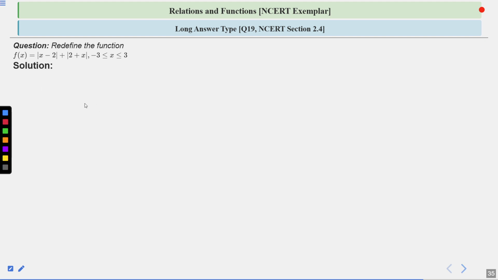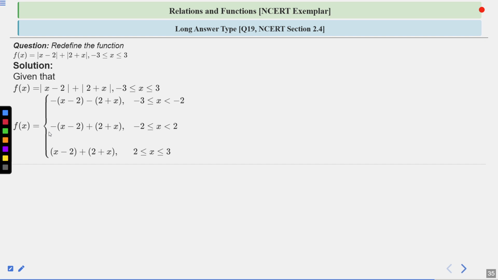So given that f(x) is absolute of x minus 2 plus absolute of 2 plus x, where x is greater than or equal to minus 3 and less than or equal to 3, we are having 3 pieces. For the first piece, x is greater than or equal to -3 and less than -2.